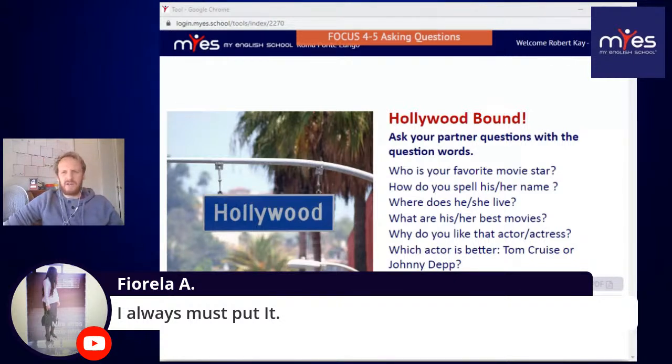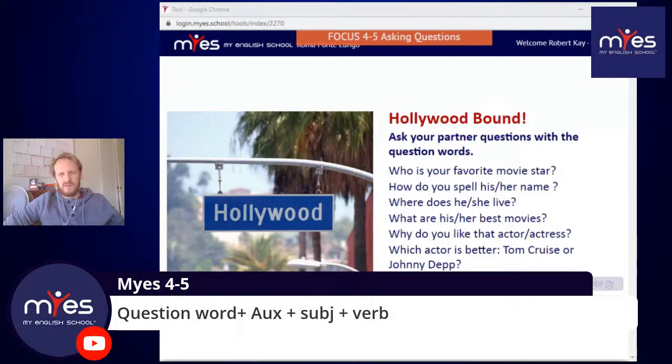So you have a question word plus auxiliary plus subject. So the subject here would be it. We need to have the subject it there. So why does it rain in Spain?